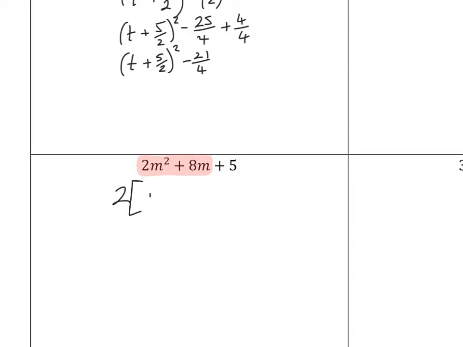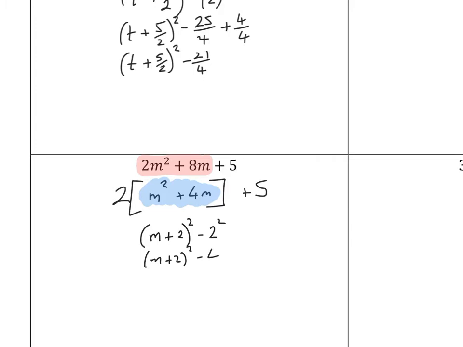So I'm left with m squared plus 4m, and then a plus 5 at the end. Now what I'm going to do is I'm going to complete the square on this bit in the brackets. So to complete that square, I will do m add 2 squared minus 2 squared. So I get m add 2 squared minus 4.